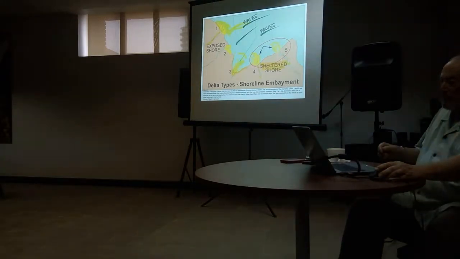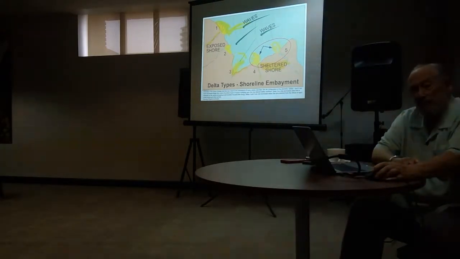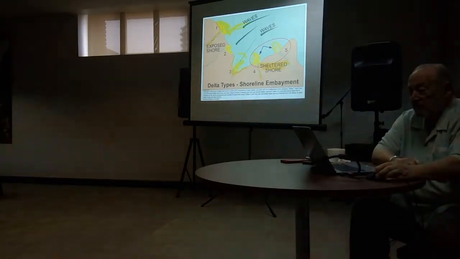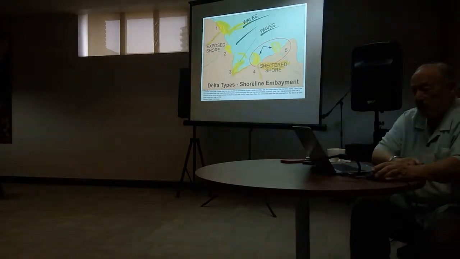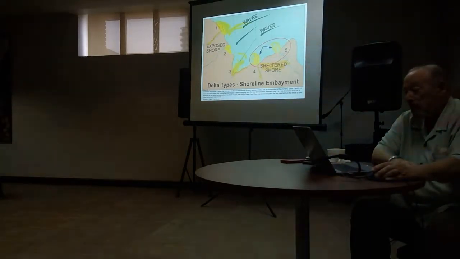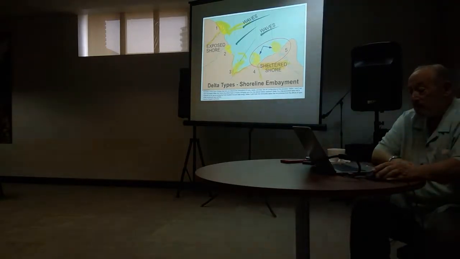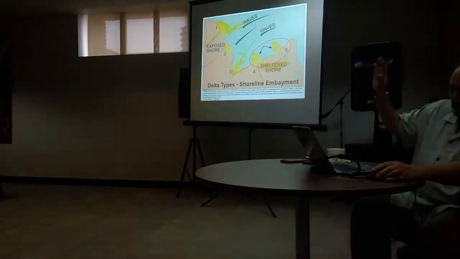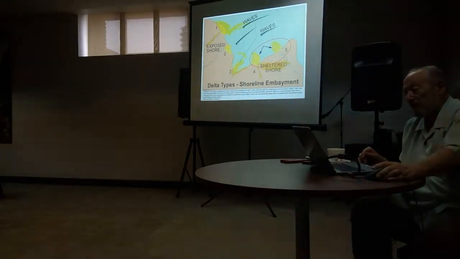So let's look first at a river-dominated delta system, where the river brings in sediment to the shoreline, but there's no wave or tidal currents, or very little, so the dominant sediment process is just dumping of the delta material onto the delta at the shoreline.